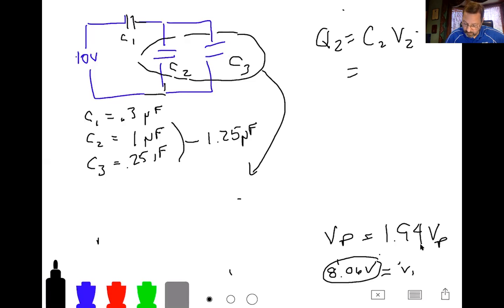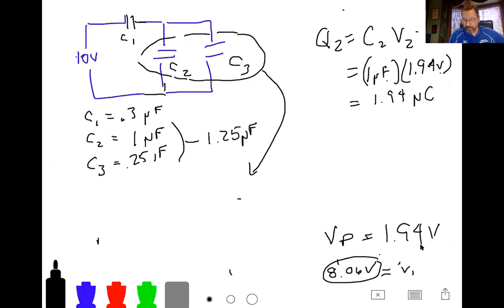So 1 microfarad and 1.94 volts. I can do this math in my head. That gets me 1.94 microcoulombs, because a farad times a volt is a coulomb, and I just brought the micro, the 10 to the minus 6.